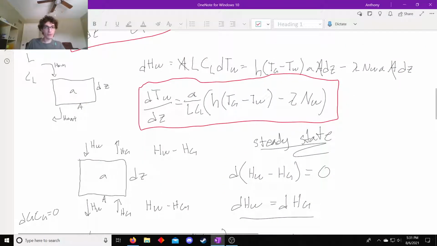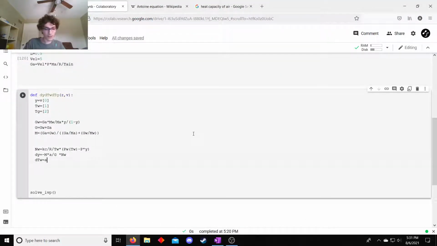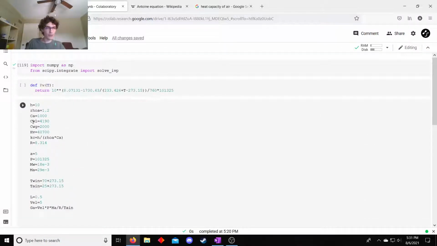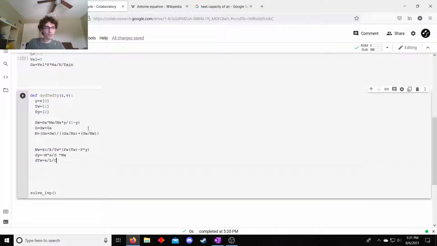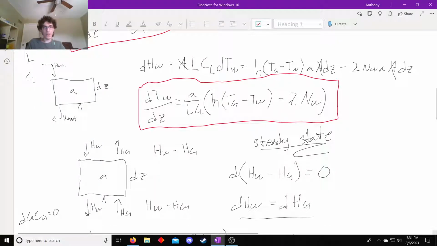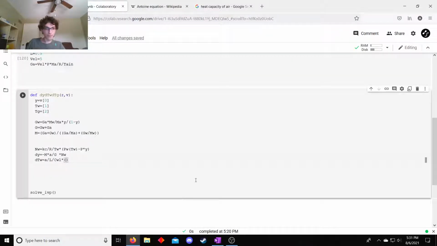This will be equal to A divided by L divided by CL. So that's going to be the heat capacity of the liquid water. We said that was CWL, the heat capacity of water as a liquid, times the heat transfer coefficient times the difference in temperature between the gas and the water.